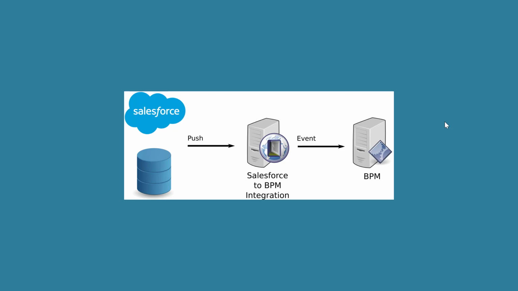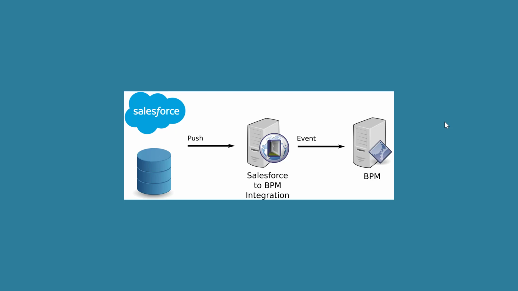So in summary, what we showed here was another feature of the Salient Process Toolkit. The ability for BPM to be signaled, evented, notified if you like, when data changes within the Salesforce environment. To that end, we provide two distinct implementations of this technology.